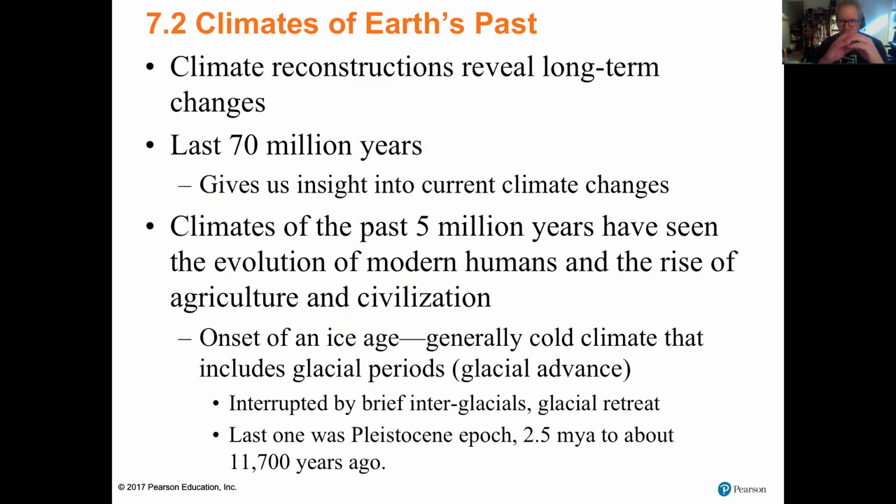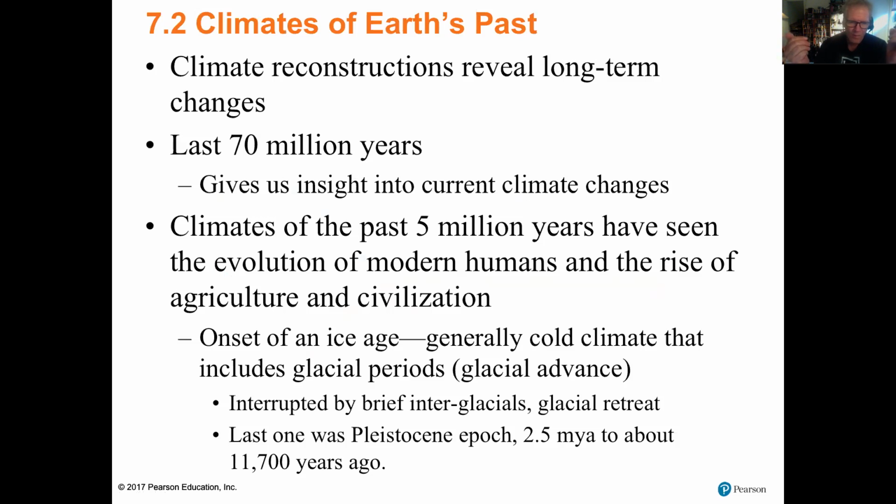So you can reconstruct the climates from 70 million years ago, and by looking at how those change, it gives you some idea of what we're looking at today. Now, what is very important is the last 5 million years, that's the evolution of modern humans. And that also includes the rise of agriculture and civilizations, and also the Industrial Revolution.